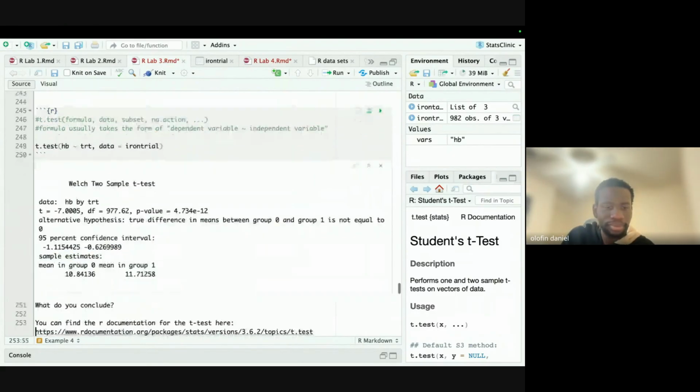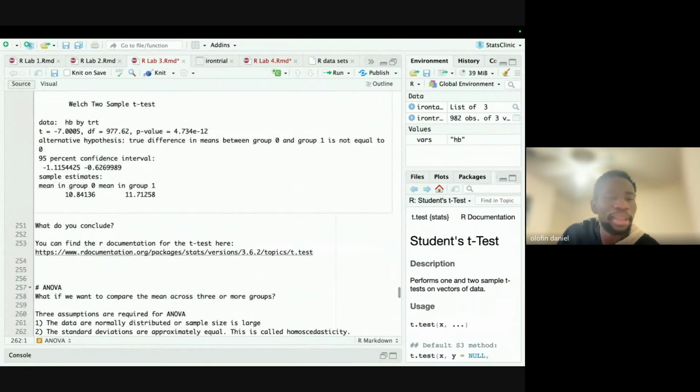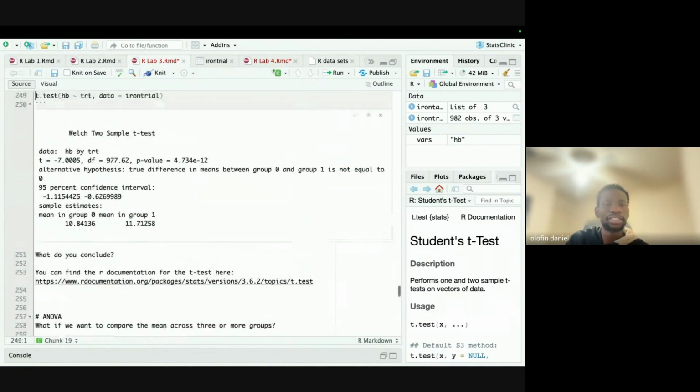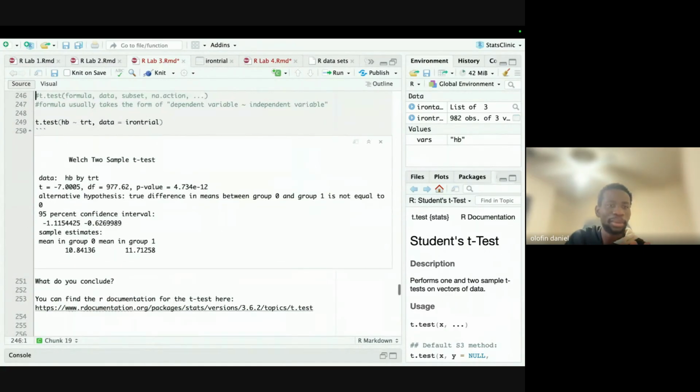So we've already made our conclusion. That's what the two-sample t-test does.